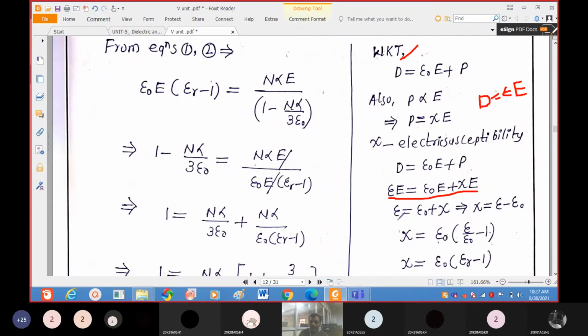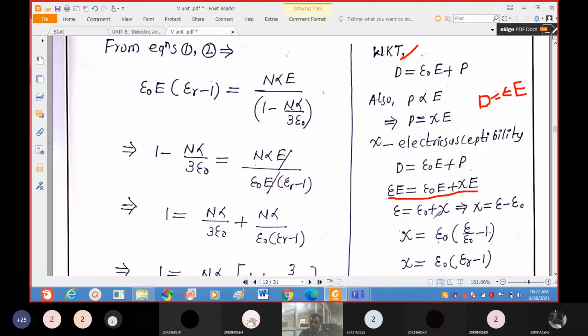Now the relation is epsilon is equal to epsilon naught plus chi. Therefore, chi is equal to epsilon minus epsilon naught.